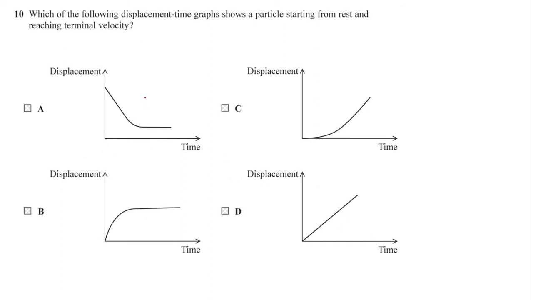Question number 10. Which of the following displacement time graphs shows a particle starting from rest and reaching a terminal velocity? So if you see, starting from rest, it cannot be this one, of course.